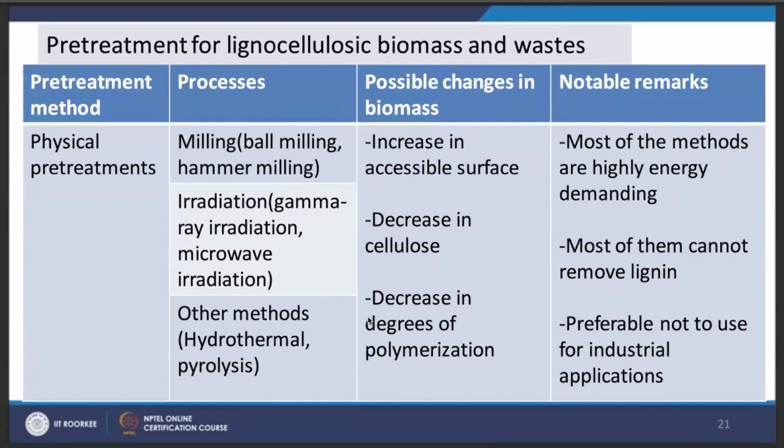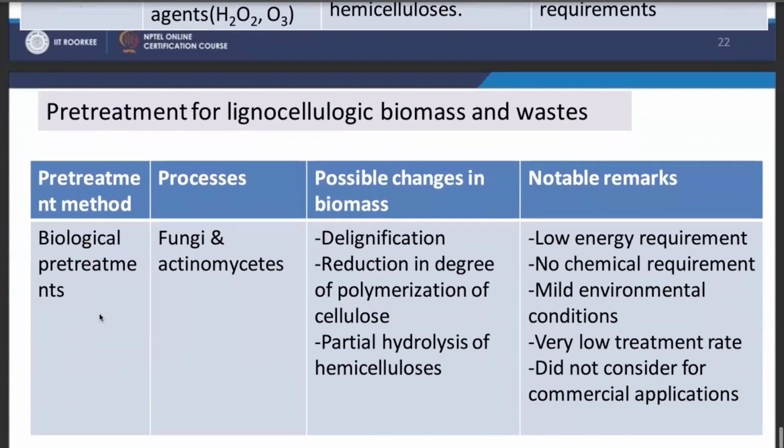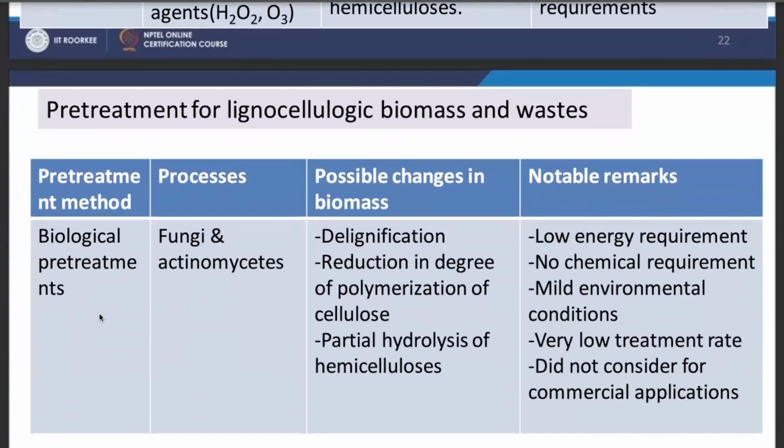So how can we give a simpler form of lignocellulose? By subjecting it to pre-treatment. That pre-treatment has different categories. For example, we can give physical pre-treatment, we can give chemical and physico-chemical pre-treatment, and we can give biological pre-treatment.